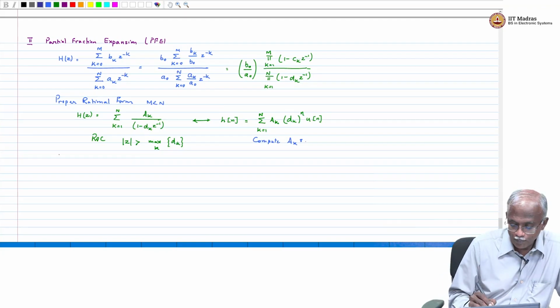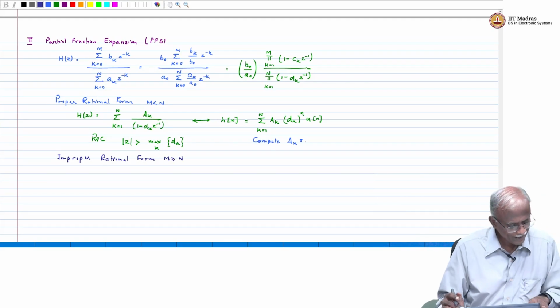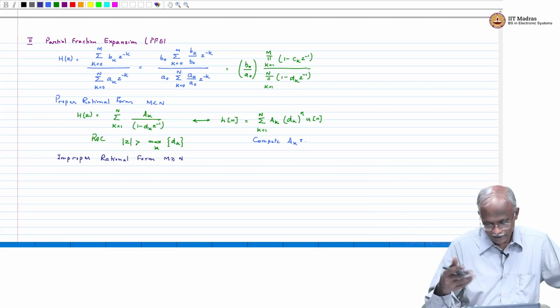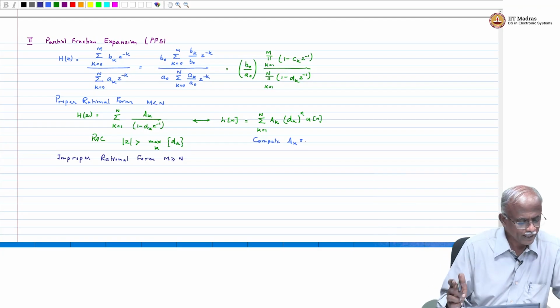Now, if it is improper rational form, which means that m is greater than or equal to n, then what we do is we go through the process of writing it using long division.